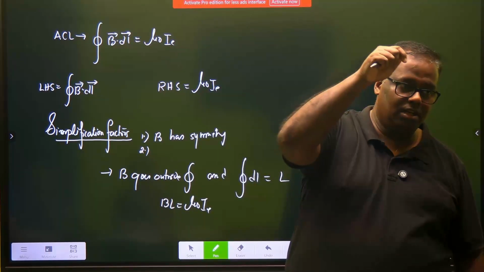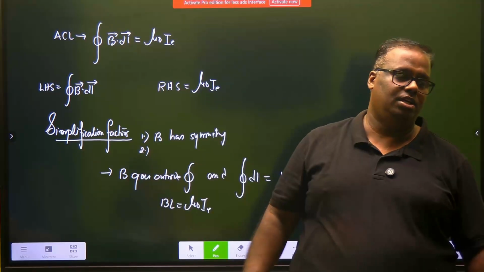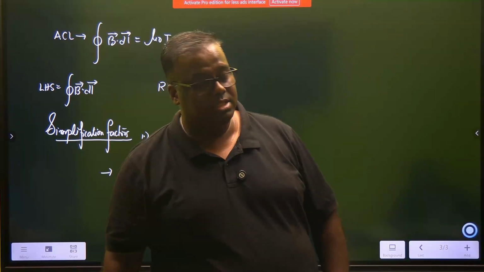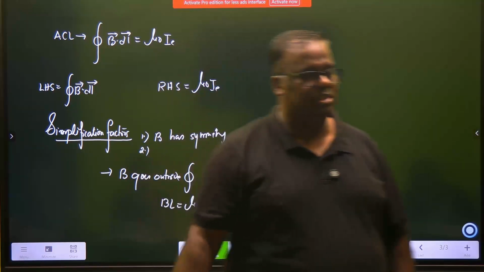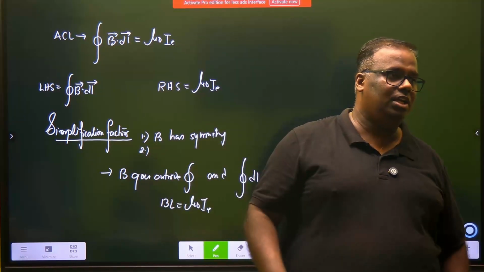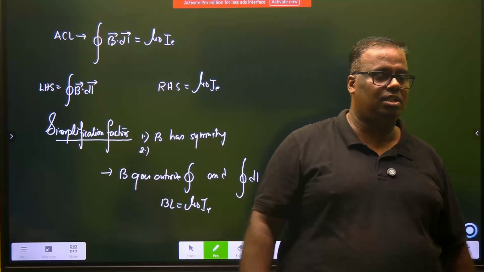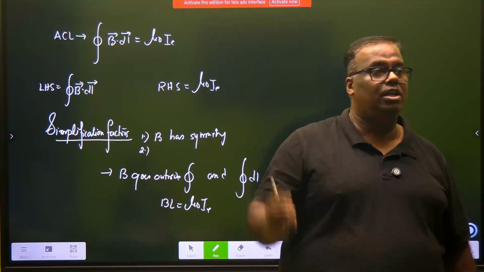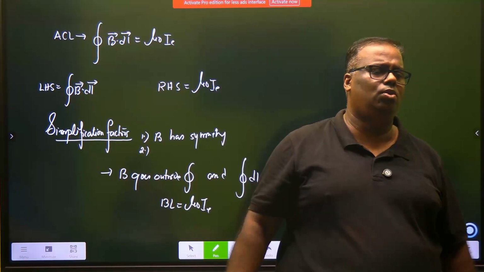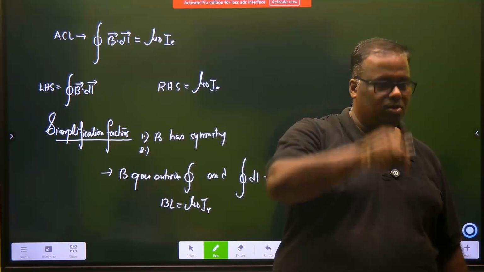We take the horizontal component of B, which is along the dL component, such that theta is equal to 0. That's why we evaluate B dot dL. B dot dL ensures that we are always considering the horizontal component and not B directly. B can be at an angle to the loop, but we take B cos theta only.